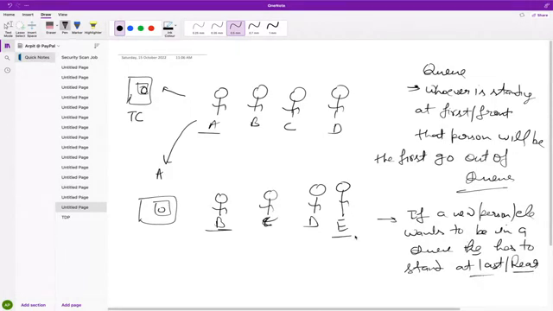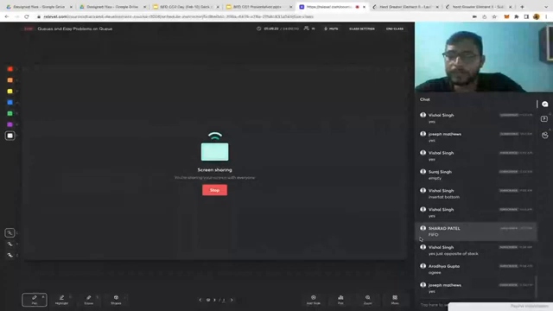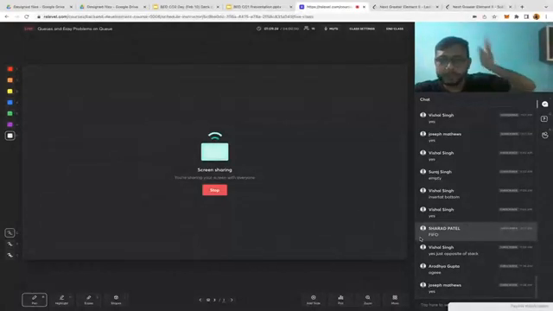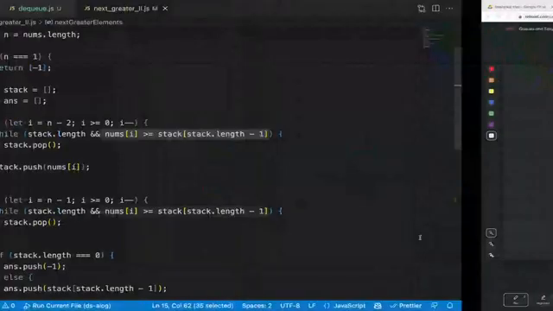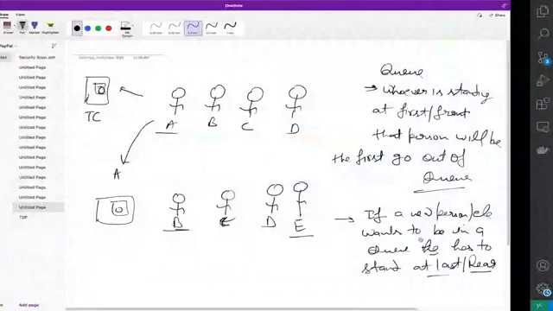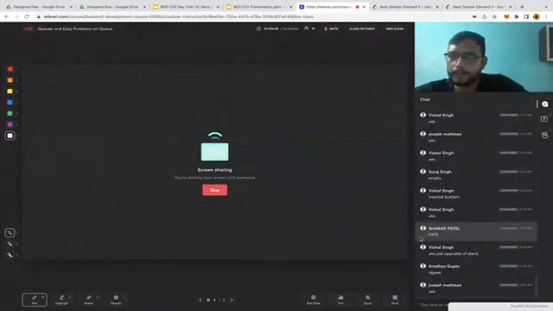Rear is also last, like rear window. If you have a car, people say rear window, meaning piche wali window, rear window or front window. So rear means at the last. That's the behavior we can observe with a queue. Somebody observed this behavior and created one data structure with that.